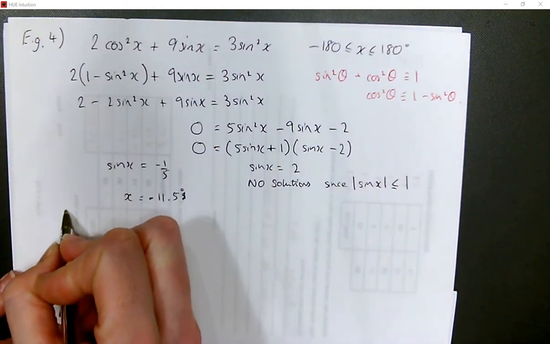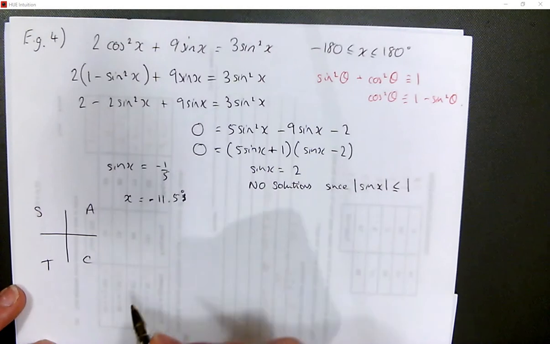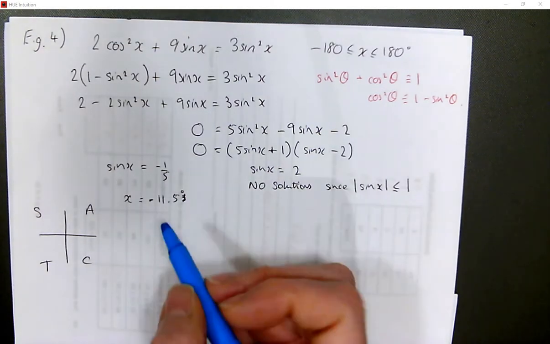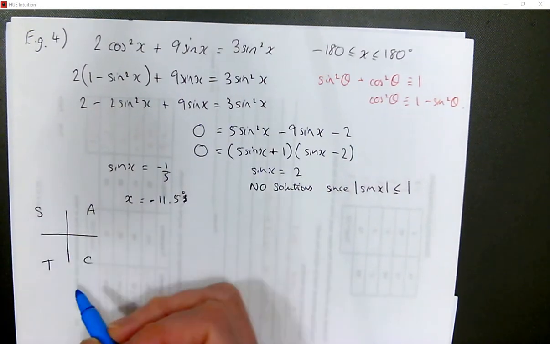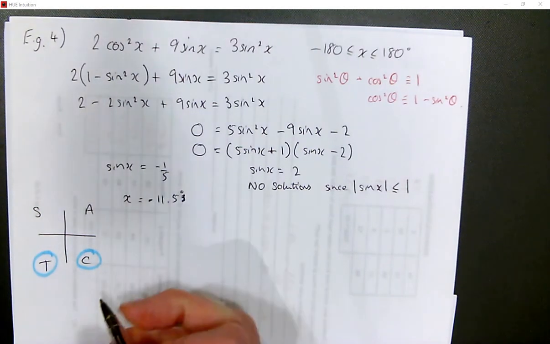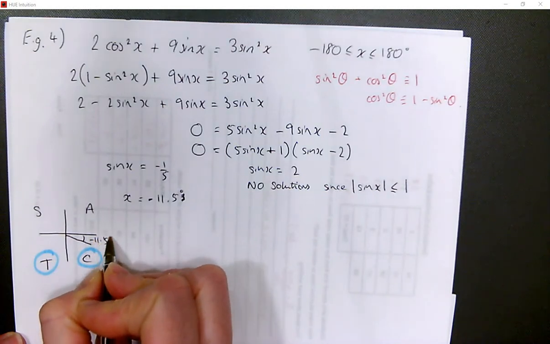And I'm going to draw my CAST diagram. And I'm going to look at where sine is this time negative. So sine's positive in all and the S for sine, so it's negative here and here. And we already have the -11.5 degrees in there.